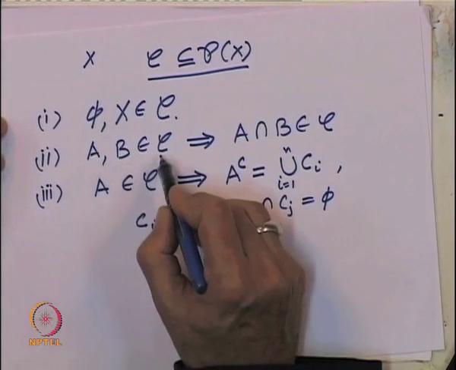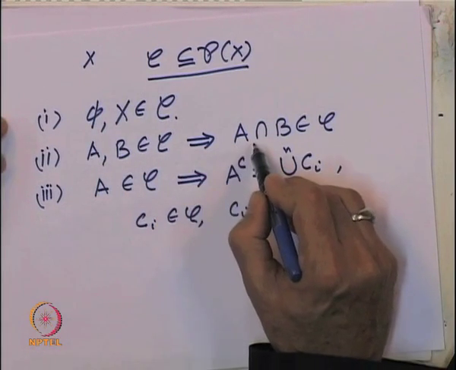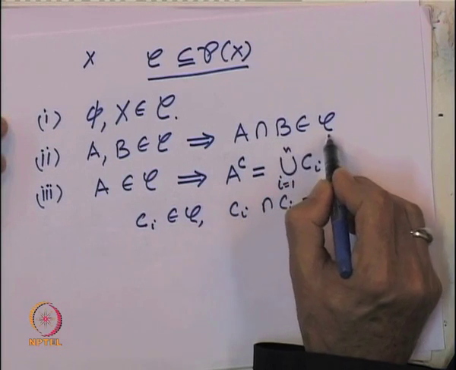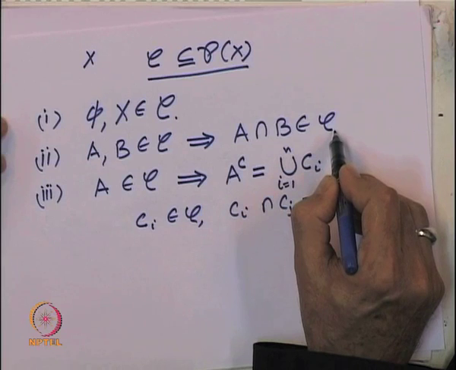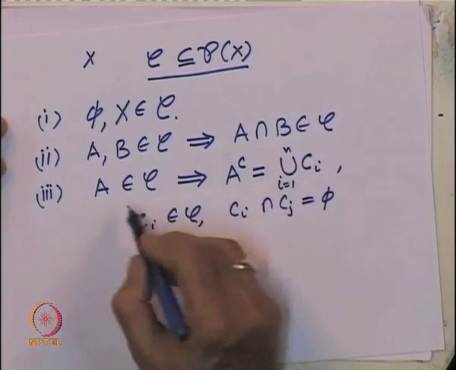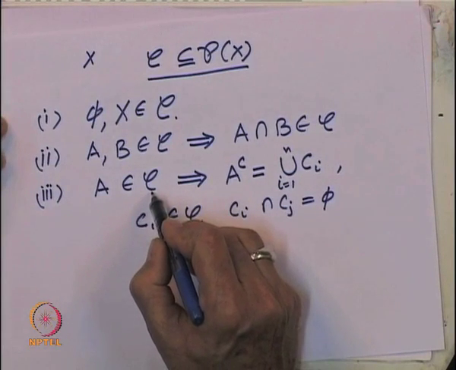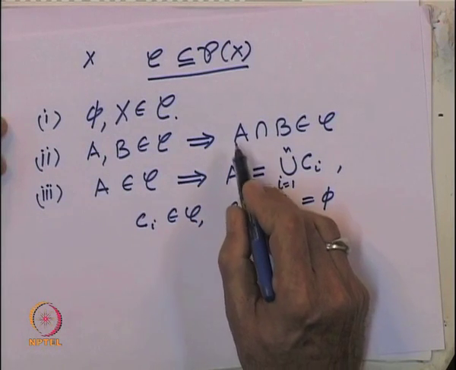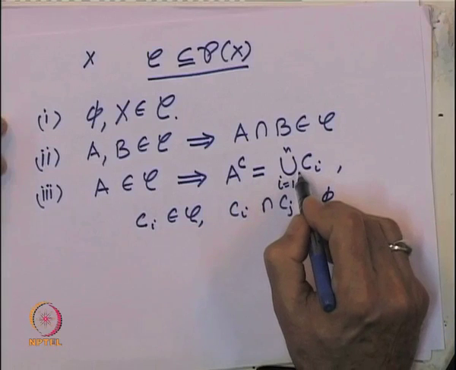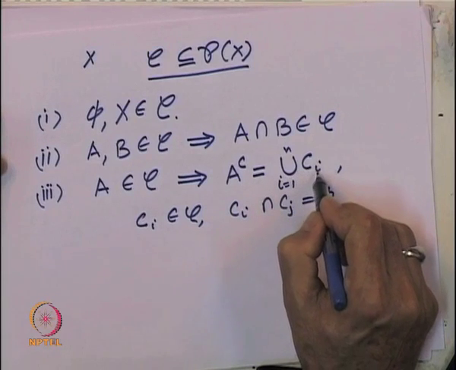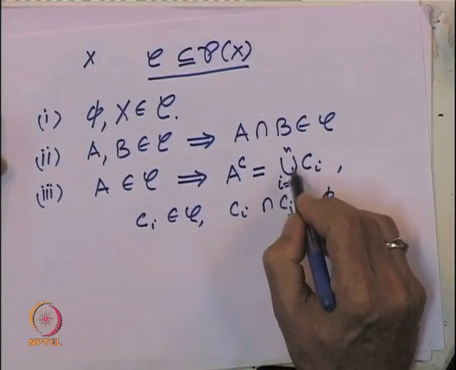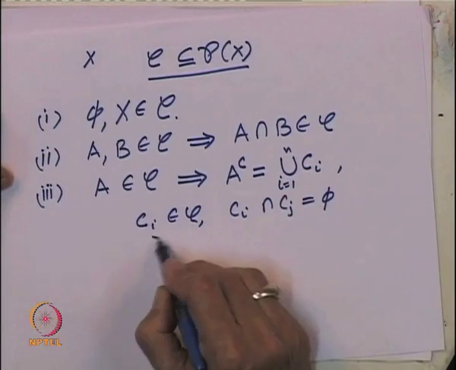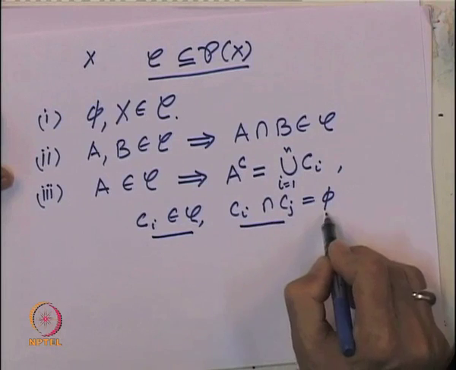If A and B belong to it, then A intersection B is also an element of C. And the third property: if A is an element of C, then A complement, the complement in X of course, should be representable as a union of C i's, i equal to 1 to n, where these C i's are elements of C and they are pairwise disjoint.